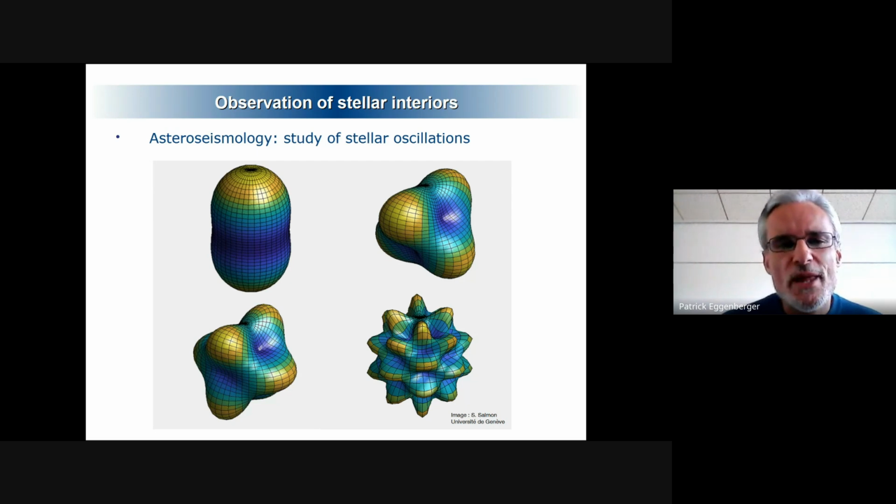So what you do is that you try to see at the surface of the star how the star can be deformed and at which frequency it can be deformed. And from this, you want to know how you can probe the interior by analyzing the deformation of the surface of the star.